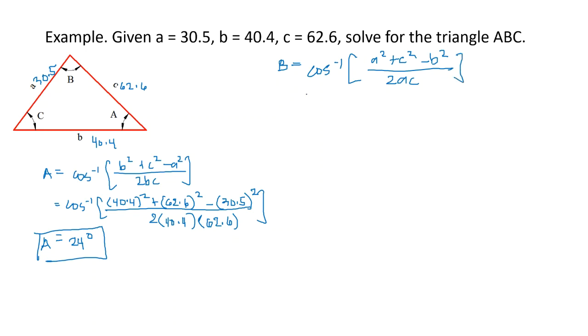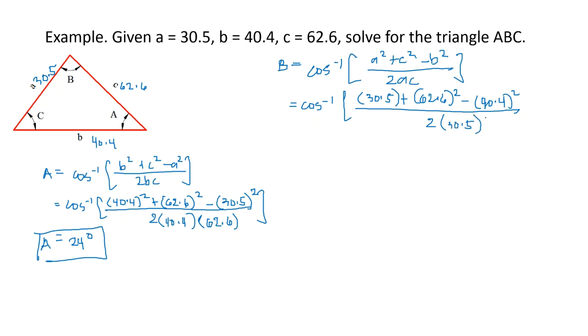Okay, so we have arc cos of A, that is 30.5, plus C, that's 62.6 squared, minus B, which is 40.4 squared, all over 2 times 30.5 times 62.6.